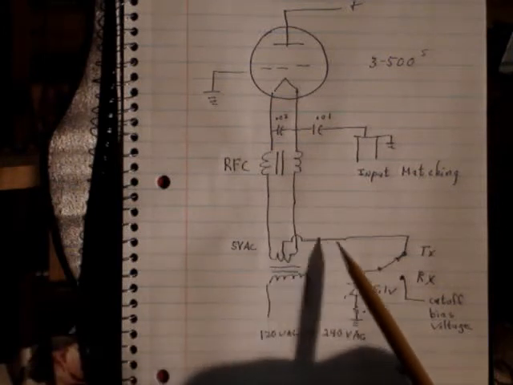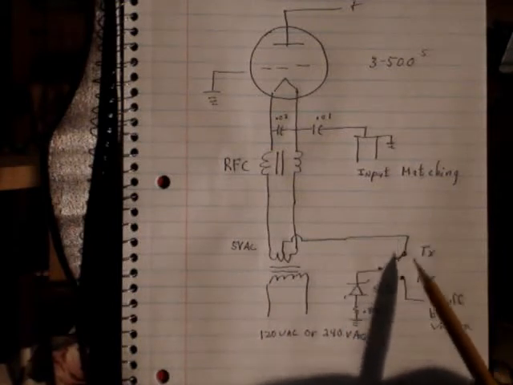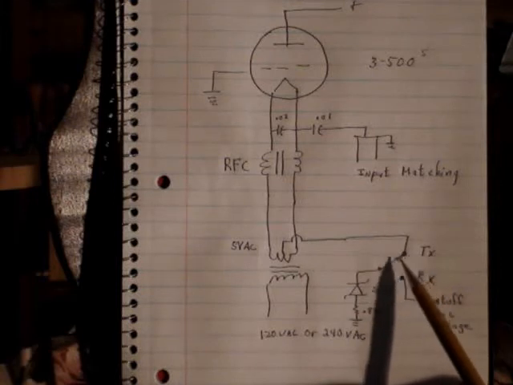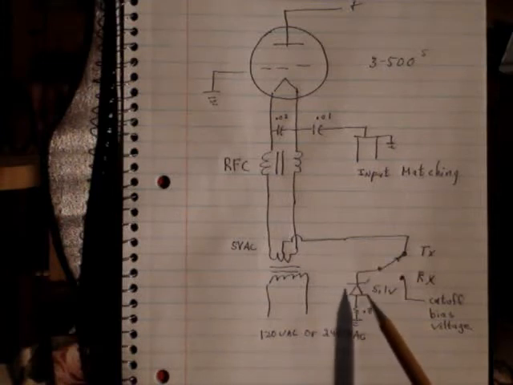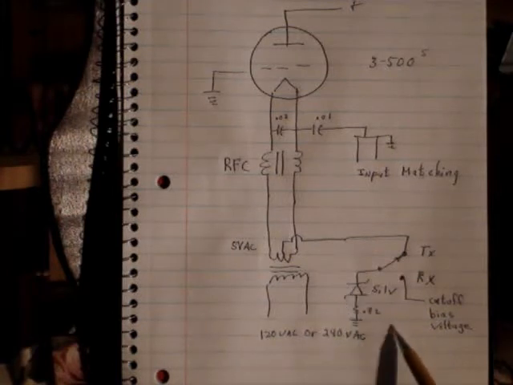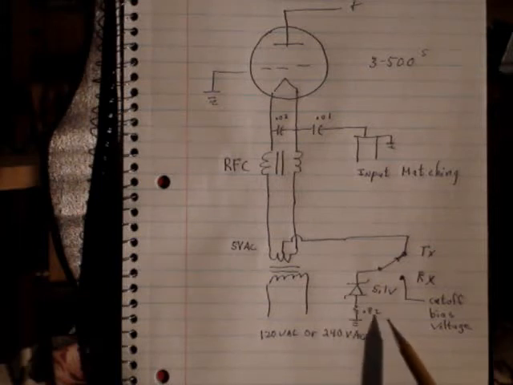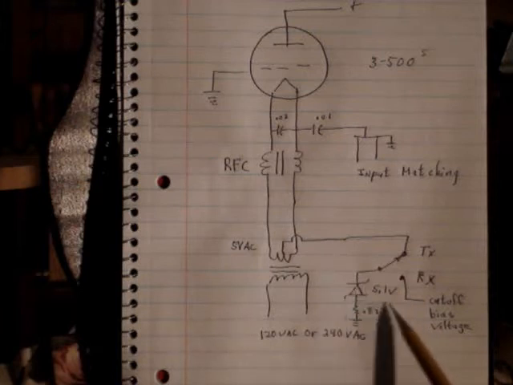Now this center tap is where the bias voltage is introduced. I show the amplifier transmit receive relay in the transmit position, coming down through a Zener diode, which is the normal way they generate the bias voltage, and there's also in an SB220 a 0.82 ohm resistor for metering. So this is the voltage that we have to replace.